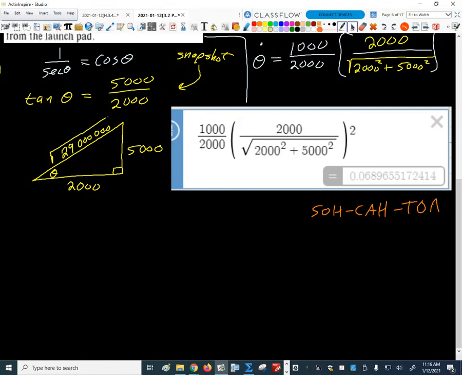So then we end up getting theta dot equals 0.06. We'll just round one more: 0.69. How about?